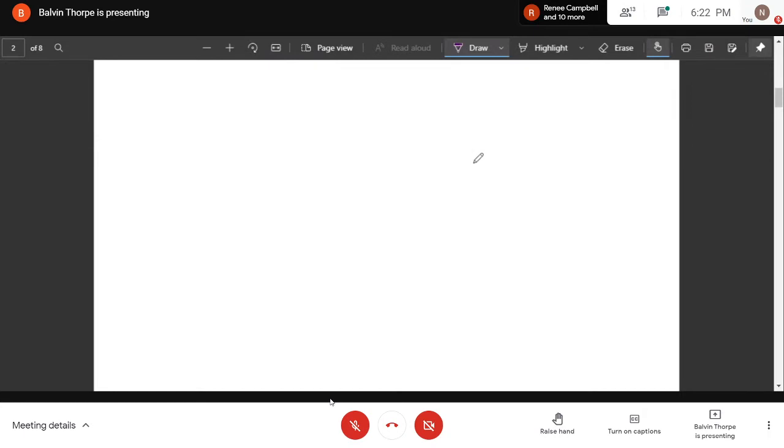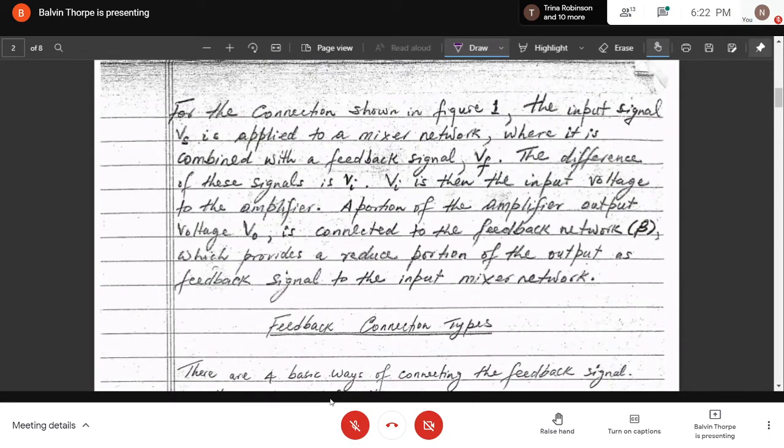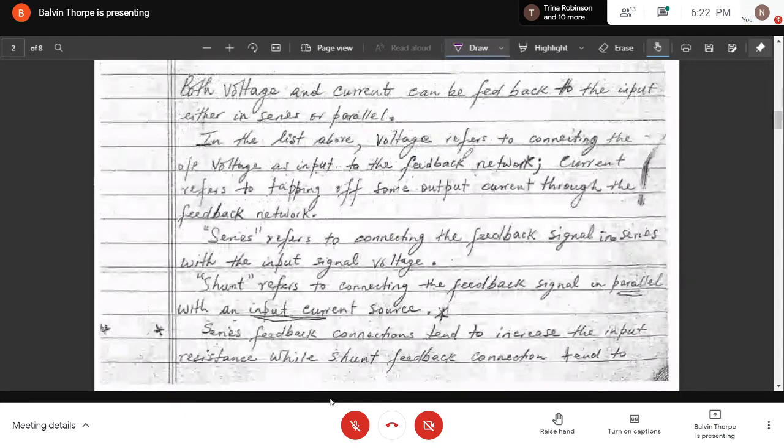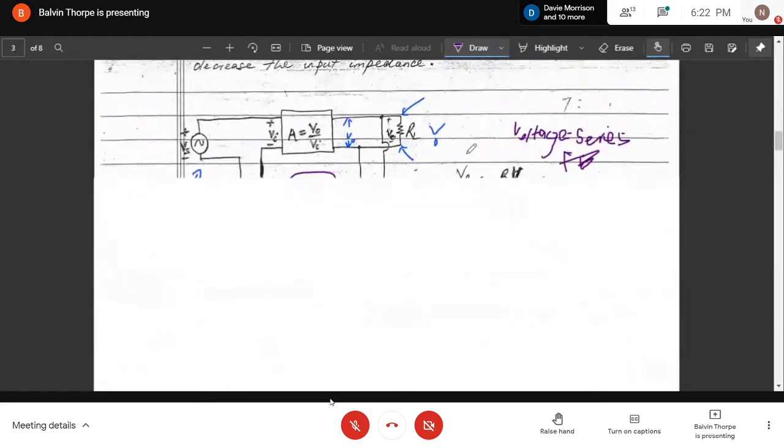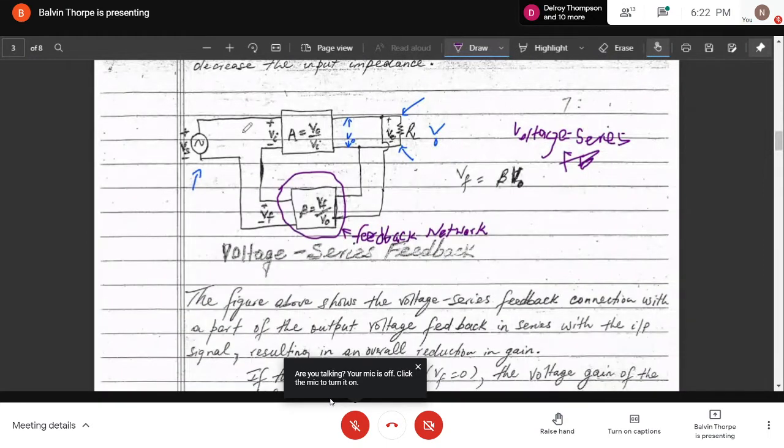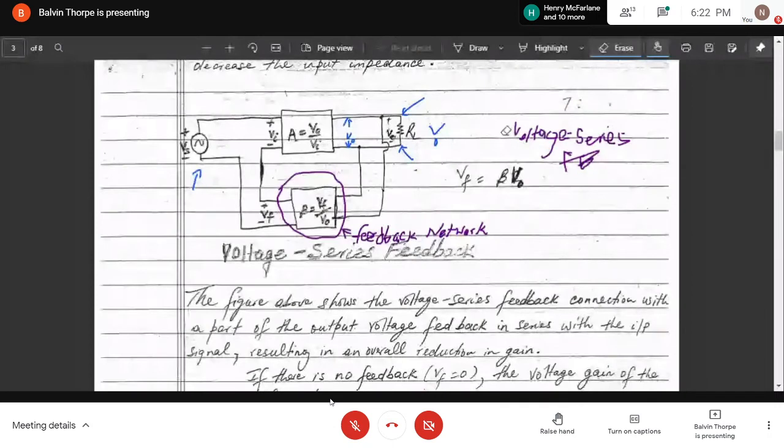So scroll with me now to the proving of some of these concepts. Here, ladies and gentlemen, I can erase this now since you understand what the concepts of voltage series, voltage shunt, and so on mean.